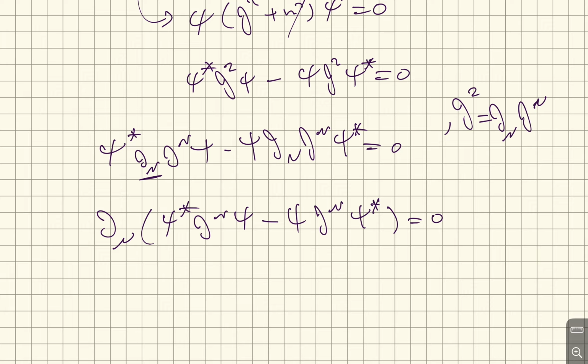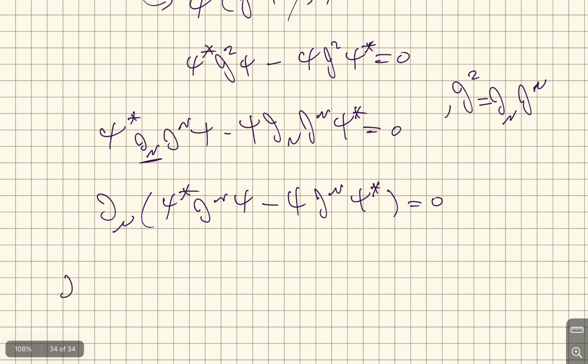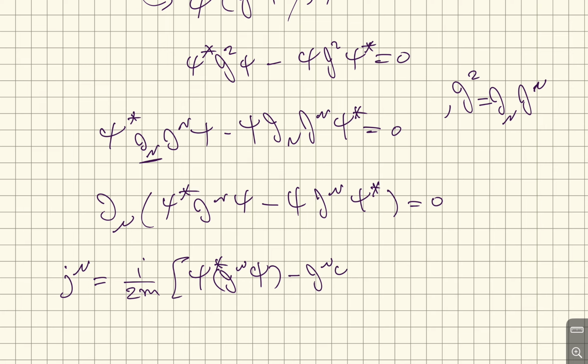If we define the current J mu as i over 2m times psi conjugate partial mu psi minus psi partial mu psi conjugate, this is the current.